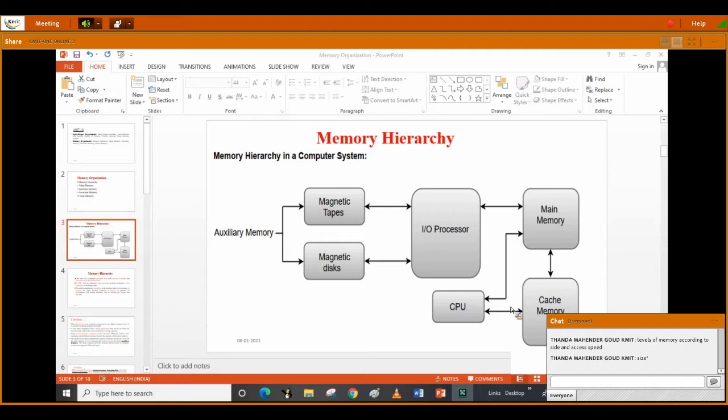Main memory is also called primary memory, because it is very important for the execution of instructions by the CPU.